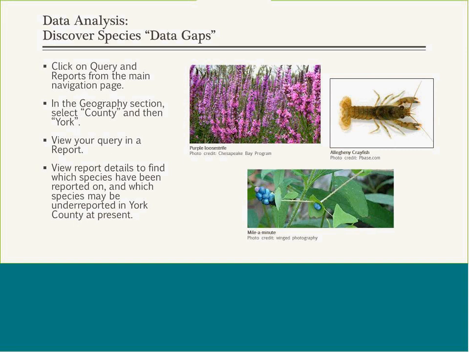So that kind of gives you a better indication of which species we still need information on and which ones you should go out and try to find and report on. Okay, so that's an example of how to figure out about different data gaps.